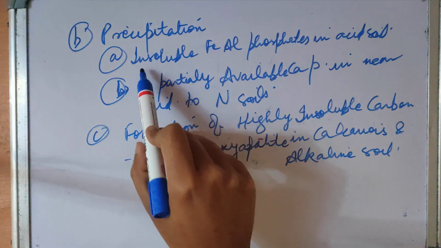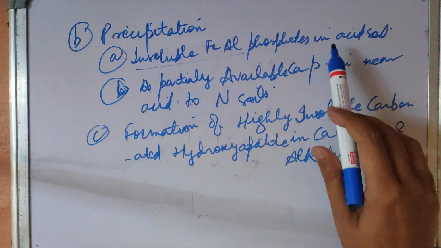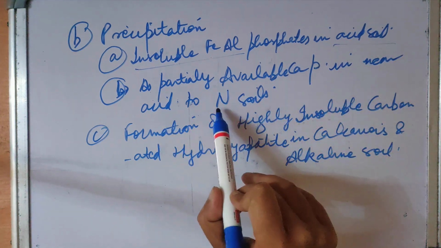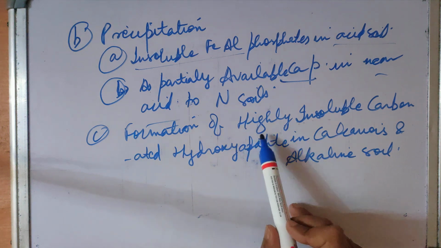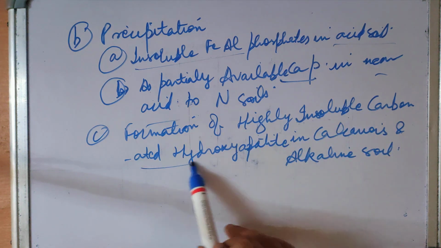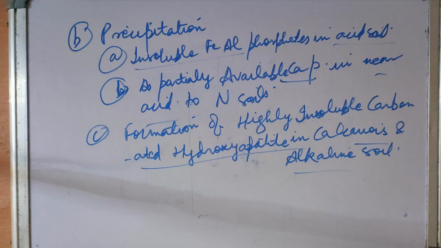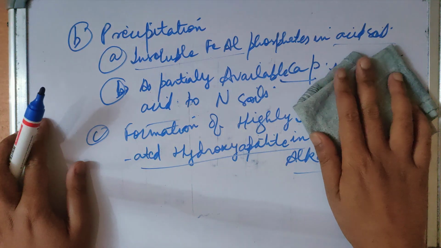So for precipitation we have got insoluble Fe and Al phosphates in acid soil, calcium phosphate in near acid soils, and formation of highly insoluble carbonated hydroxyapatite in calcareous and alkaline soil. So this is phosphate fixation.